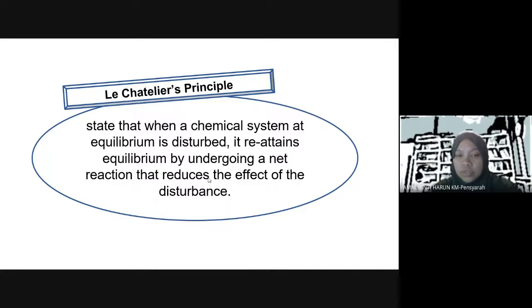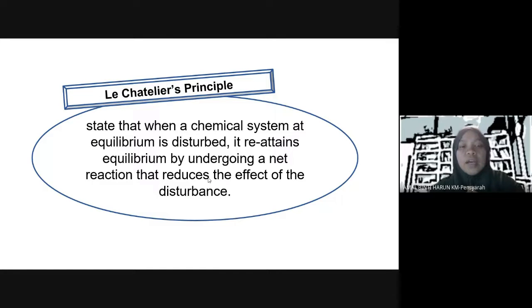So sekarang, apa yang kita belajar pada chapter 6.1, the first subtopic is the equilibrium, dynamic equilibrium. Okay, means that we have the forward and reverse reaction at the same rate.